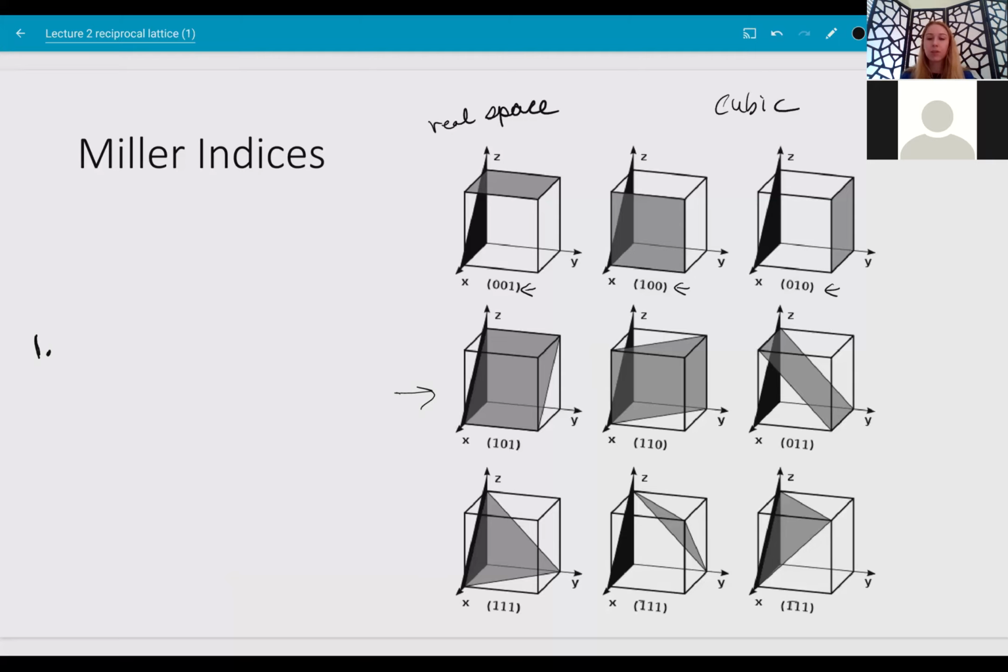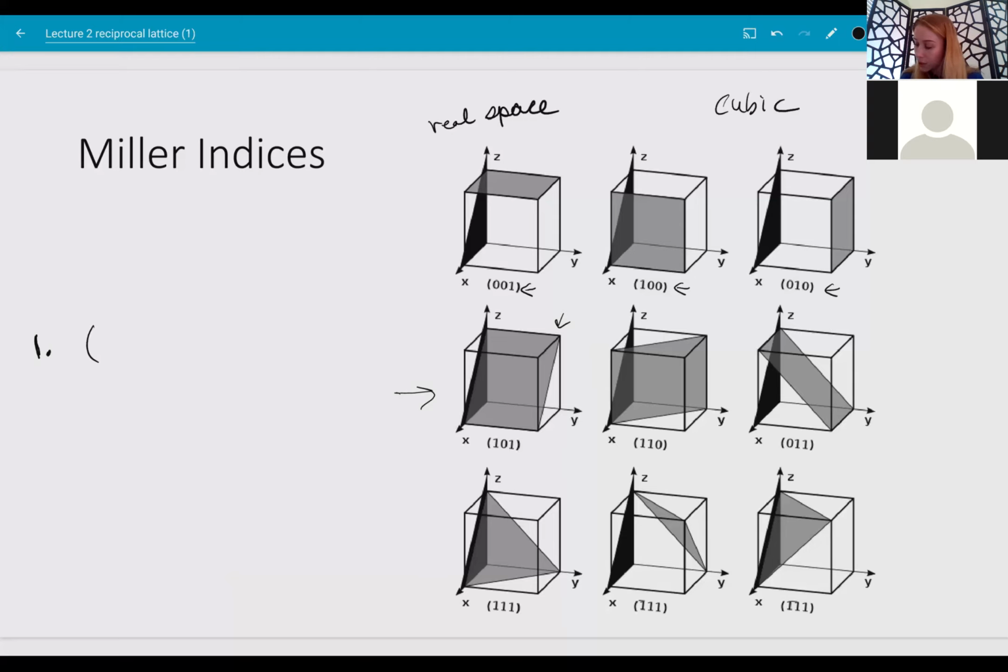So the first step is we would draw the plane, and then we would try to figure out what is its Miller index. So let's do this one right here. The first instruction is to find the intercepts on the axes in terms of the lattice constants A1, A2, and A3. And also, I didn't write it down, but it should be noted that integer or fractional intercepts are fine. Okay, so let's go along X.